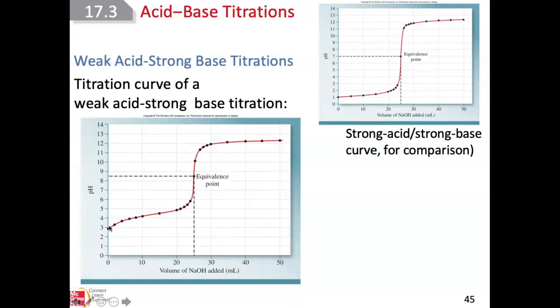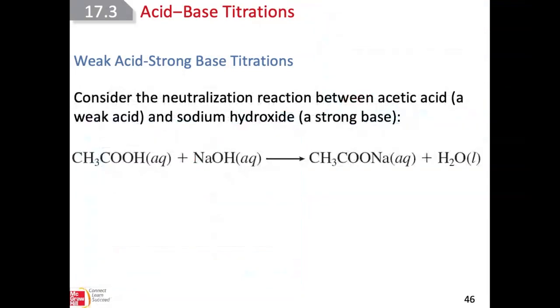At the beginning, the pH is higher because it's a weak acid. And at the equivalence point, the pH is also high. It's not 7, it's a basic pH. That's the second difference.